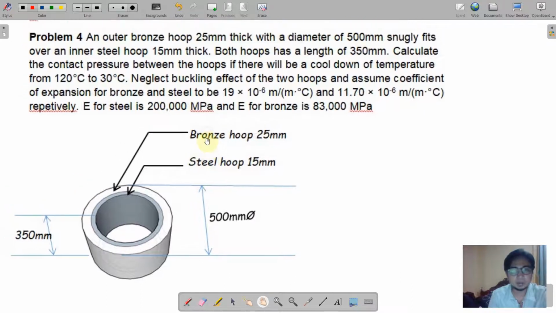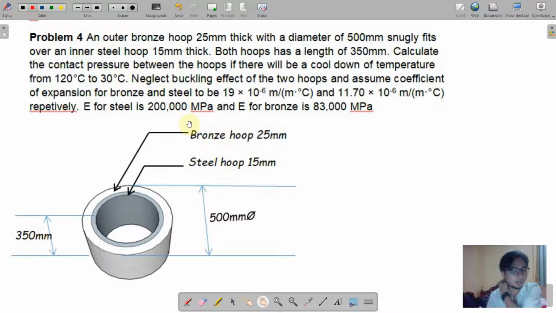Okay, so if we investigate the coefficient of thermal expansion, the thermal expansion for bronze is greater than that of steel.